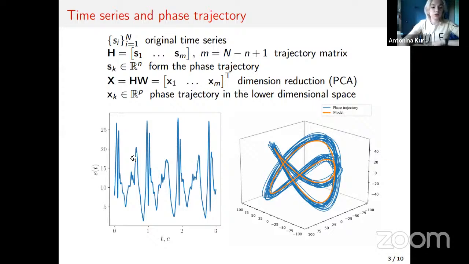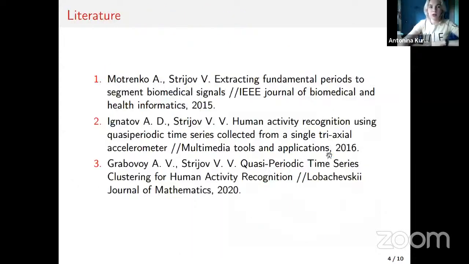This leads to instability of forecasting models for the series. And then we project the trajectory to some subspace, and analysis of trajectory subspaces simplifies the structure of the phase trajectory. So you can see on the left picture the original time series of human gait, and on the right picture you can see its phase trajectory, and inside it is the approximation of this trajectory.